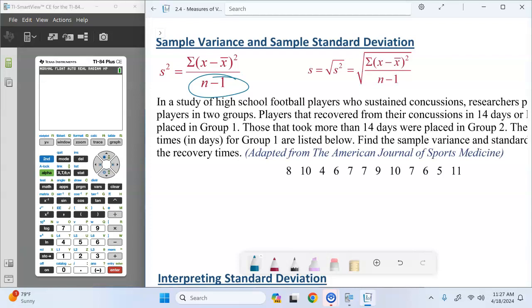Someone wrote a proof about it. It works. That's all we need. So sample standard deviation is the same exact process, but instead of dividing by the entire sample size, we'll divide by 1 less than the sample size.